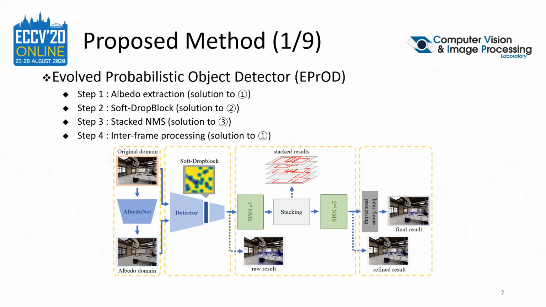In step 3, two-step NMS is applied, which is stable for refining the result obtained through multiple inferences. Finally, in step 4, interframe processing is operated to erase false positives that have increased due to multi-domain detection. In the next slides, I will describe each technique in detail.